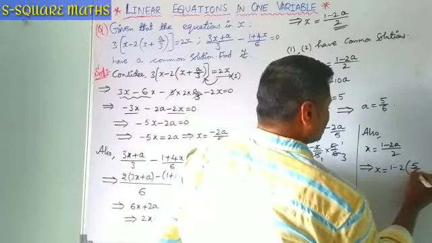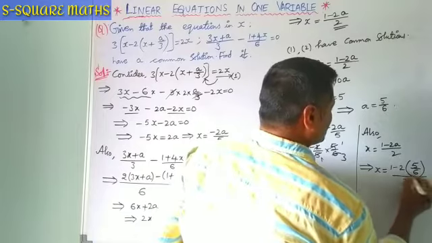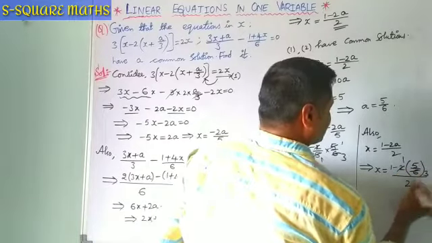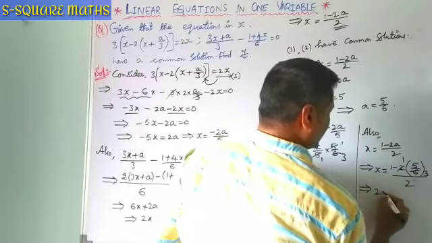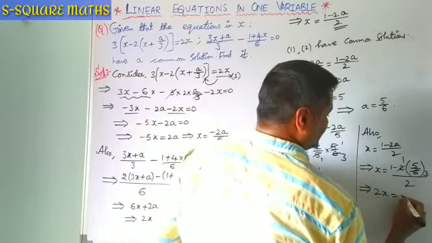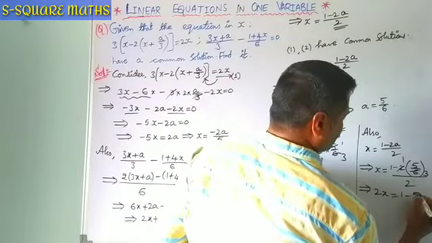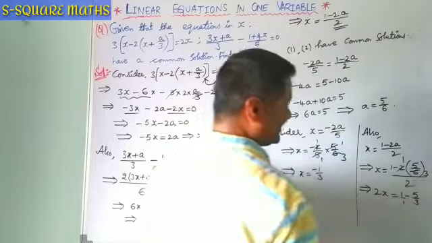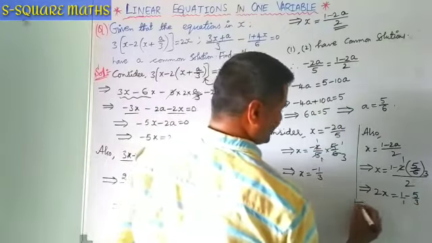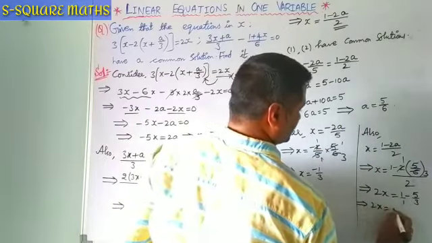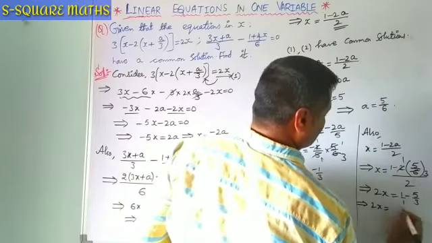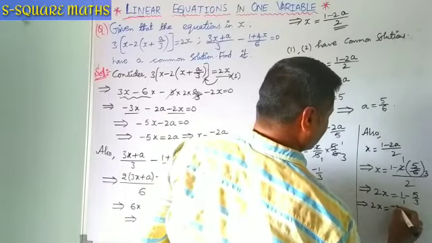Here it is 2 once and here it is thrice. I can write it, cross multiplying, as 2x is equal to 1 minus 5 by 3. Taking out the LCM, 2x is equal to minus 2 by 3.